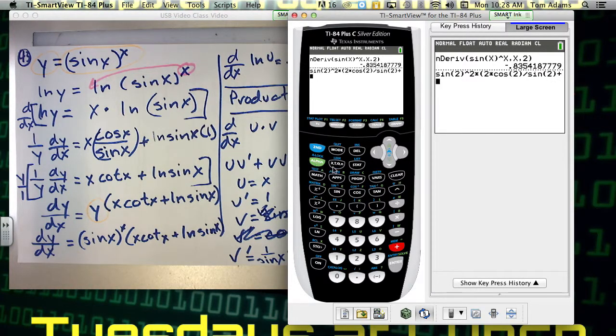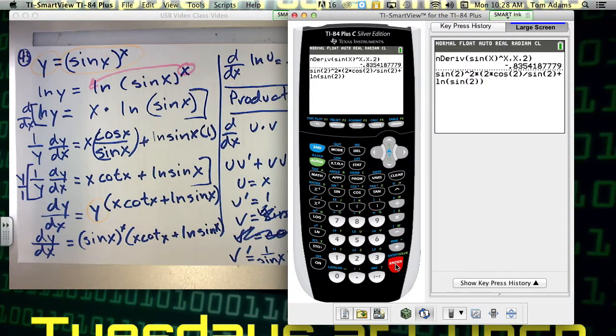Plus the natural log of sine of 2. I should get this negative 0.835.